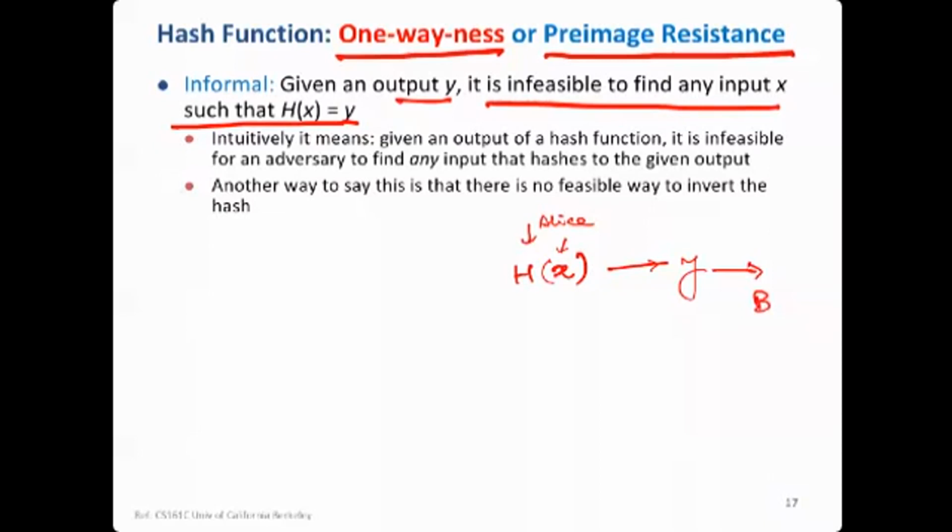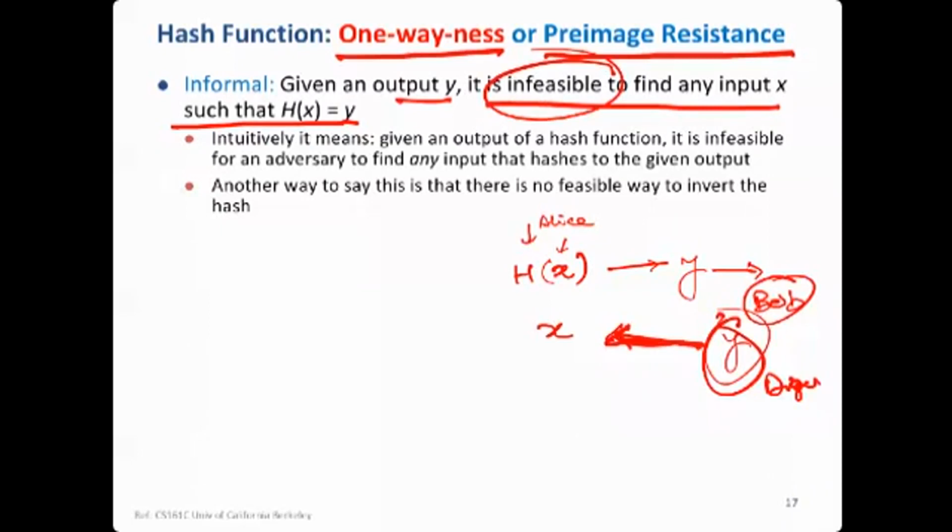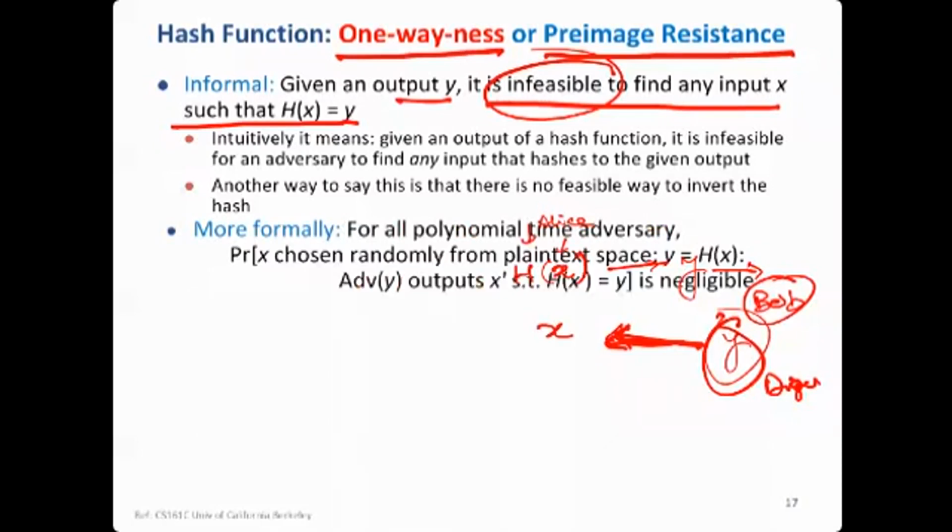No, it is not feasible. So the reverse mapping from the digest or hash output to the original message m is not feasible. When we say infeasible, it means it cannot be done in polynomial time. The same thing is shown here, so please go through it.